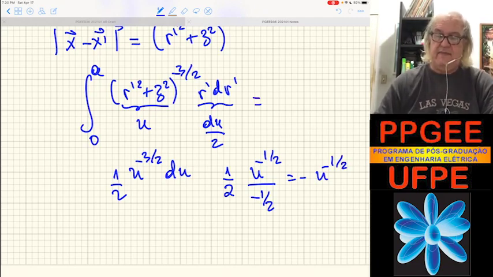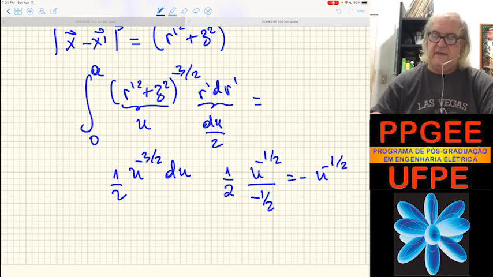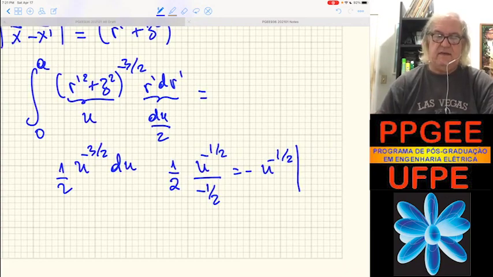So I'm going to invert the limits. This is from the lower limit, which is r equals 0. This is from z squared to a squared plus z squared. So I'm going to invert the limits.